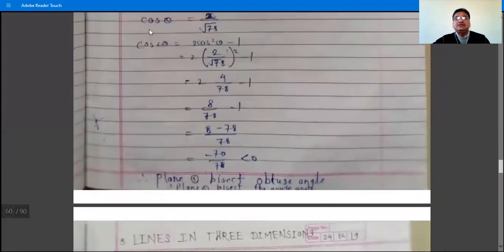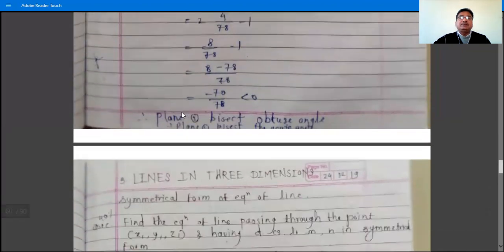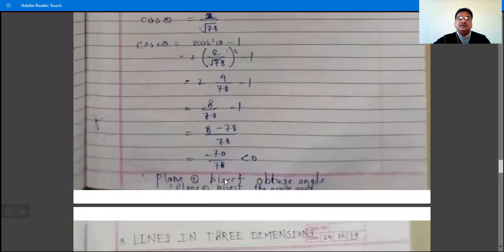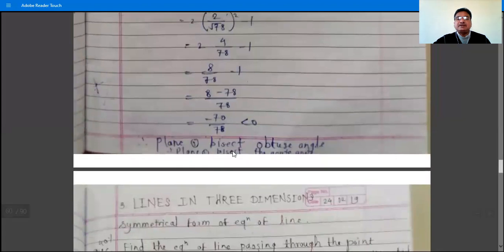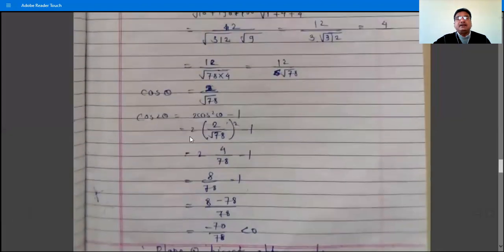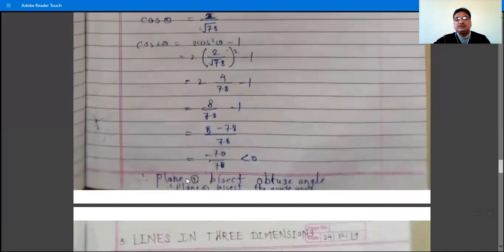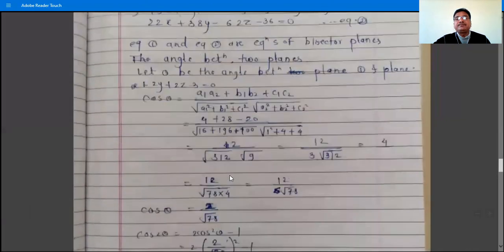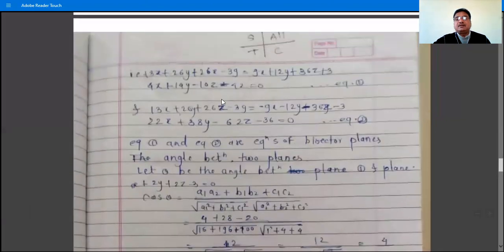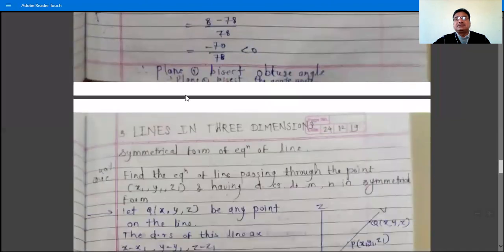If the value of cos 2 theta is greater than 0, then we say plane 1 bisects the acute angle. And if cos 2 theta is less than 0, then we say plane 1 bisects the obtuse angle, so plane 2 bisects the acute angle. The question asks us to specify the one which bisects the acute angle.